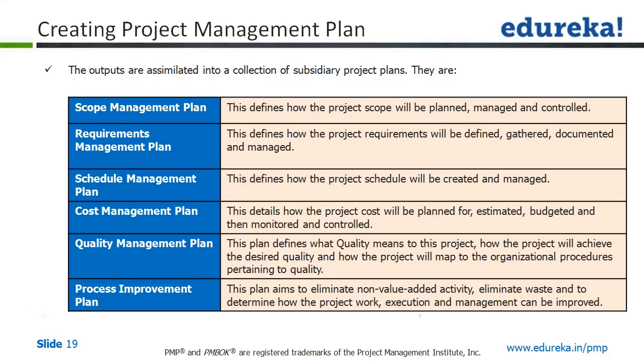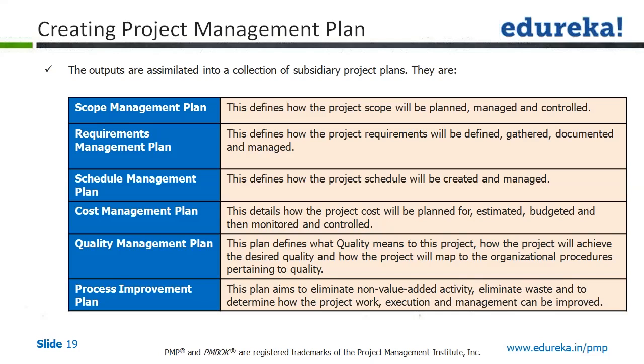To understand each management plan, remember that each plan deals with the respective area: how that area can be planned, managed, and controlled. These are the three keywords for you to know what is meant by the respective management plan. Cost management plan means how the cost is going to be planned, estimated, budgeted, monitored, controlled.